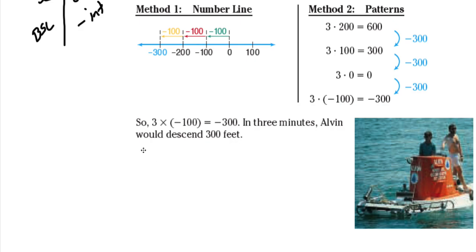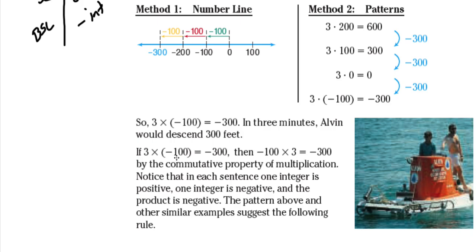Using this, if 3 times negative 100 equals negative 300, then using the commutative property of multiplication, negative 100 times 3 equals negative 300. Notice that in each sentence, one integer is positive, the other integer is negative, and the product is negative.